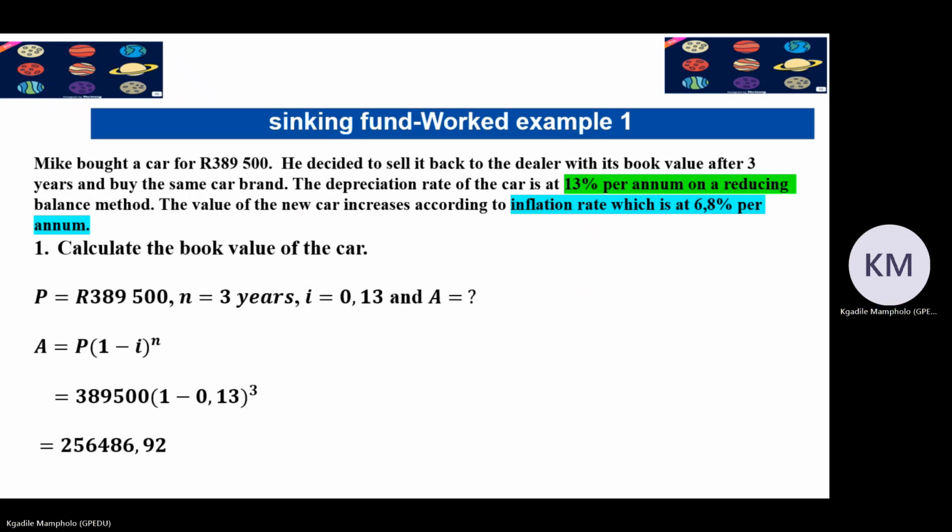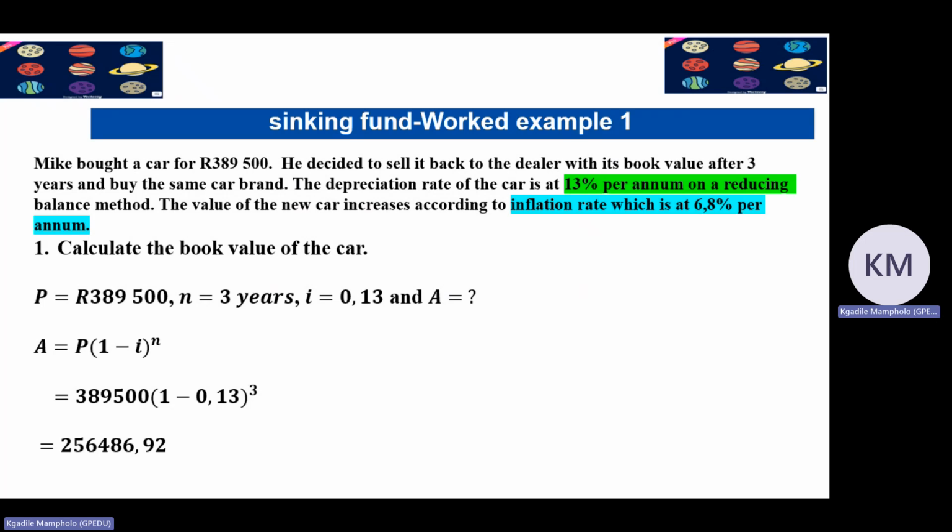Now, since we are using the reducing balance method, you learned it from grade 11, which is A equals P into 1 minus I to the power N. Sometimes they call it a diminishing balance. Then you substitute and get the answer.